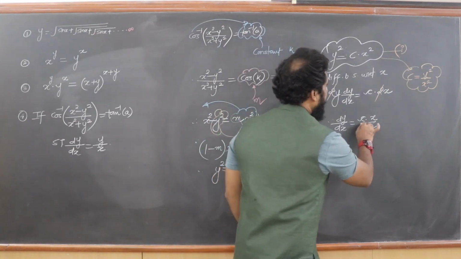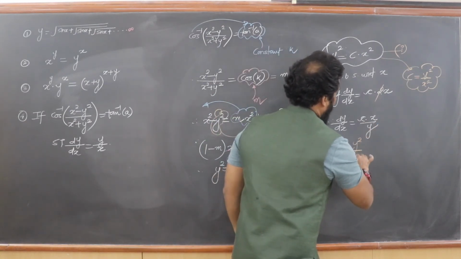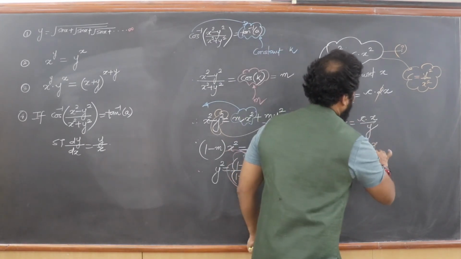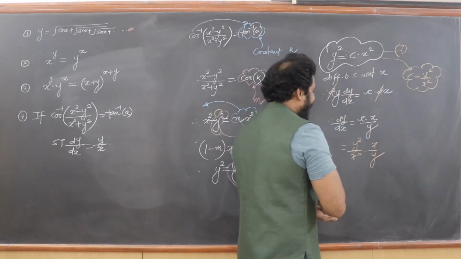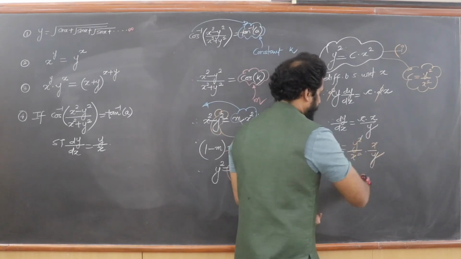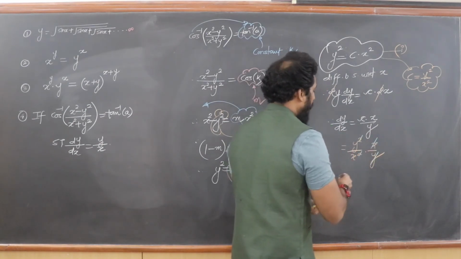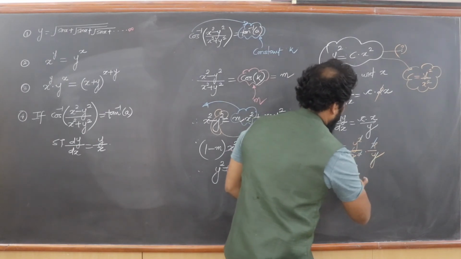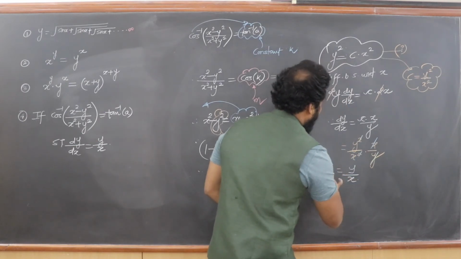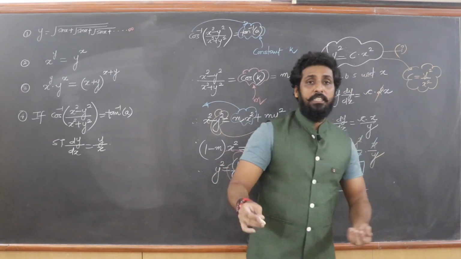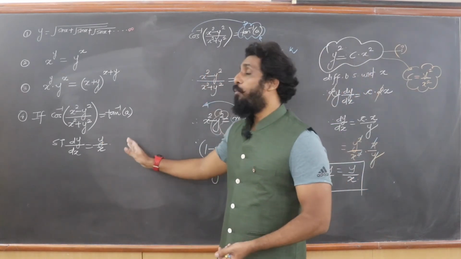So I'll be writing c as y square upon x square into x upon y. So let's cancel the common terms. Y and y get cancelled. X and x also get cancelled. Your answer comes how much? It is y upon x. Is that the answer that has been expected in the question? Dy by dx should be y upon x.